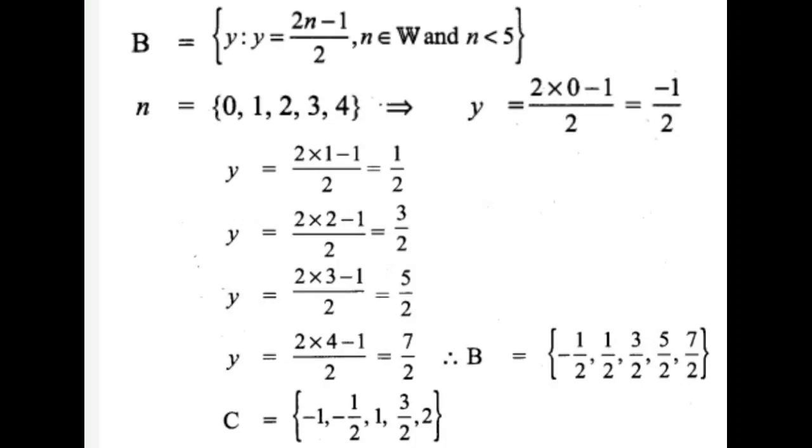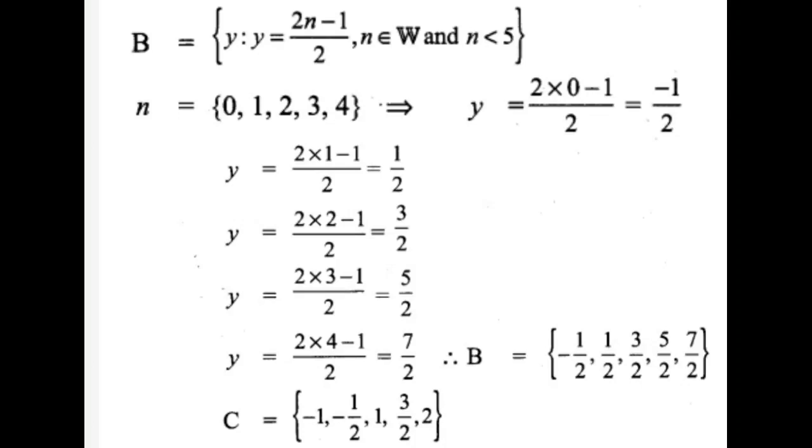Put n is equal to 2. Y is equal to (2 into 2 minus 1) divided by 2. 2 2s are 4, 4 minus 1 is 3. Then y is equal to 3 divided by 2. Put n is equal to 3. Y is equal to (2 into 3 minus 1) divided by 2. Then 6 minus 1 is 5 divided by 2.